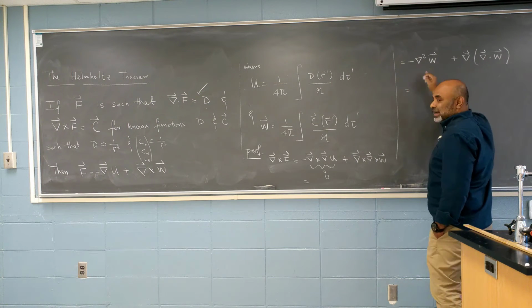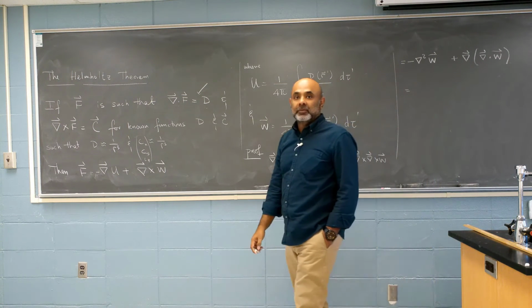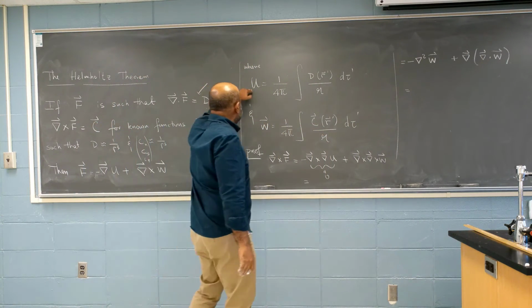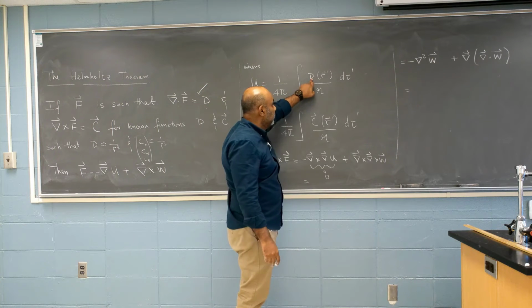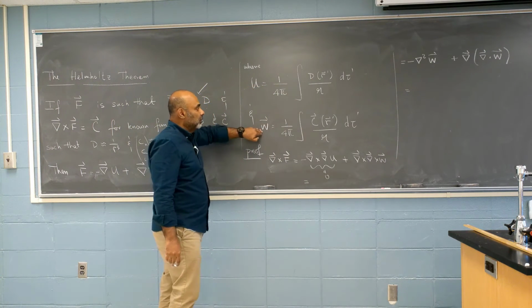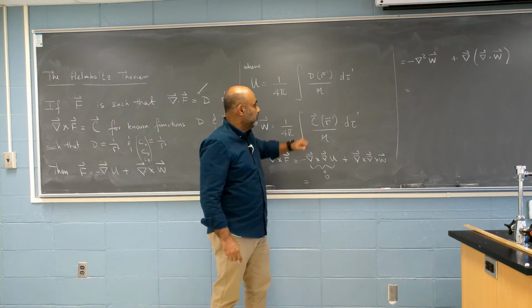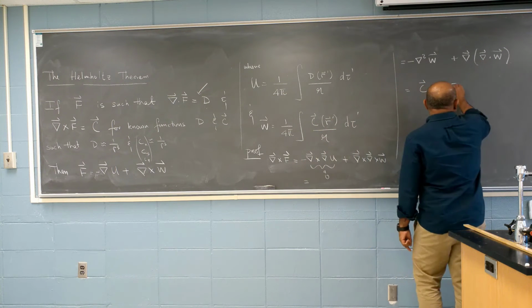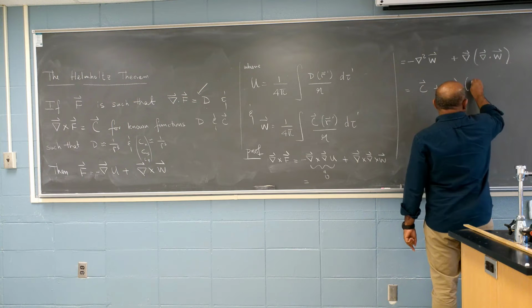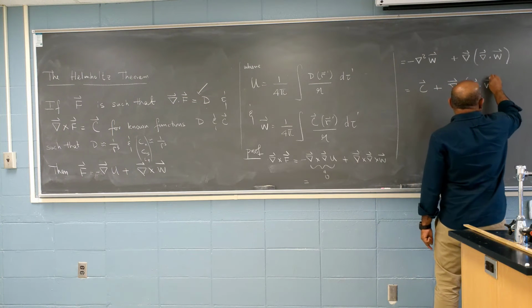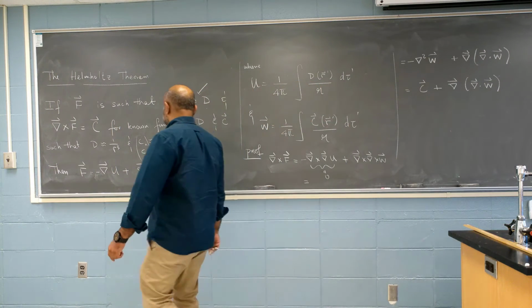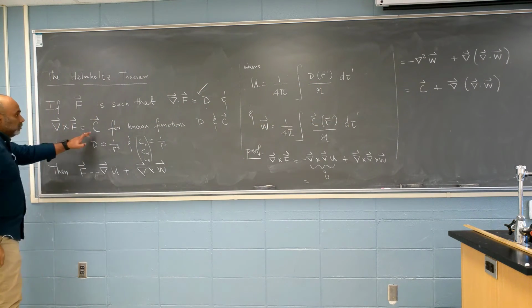Well, this is exactly like the negative Laplacian of u. Nothing changes in the proof. Negative Laplacian of u was d. So the negative Laplacian of w is going to be c. Well, what we wanted was that del cross f equals c.